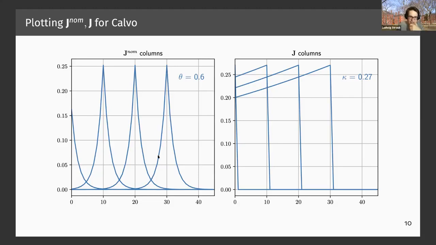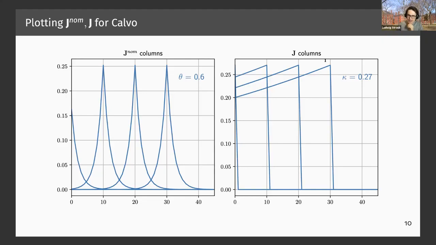But once you get close to the date of the shock, firms are going to take into account that they might not be able to adjust their price before the shock hits. And so you get that the price level increases slowly already in advance of the shock. And then once the shock is over, the price level will remain elevated for some time, as some firms still haven't been able to adjust their price down to the original level. And so that's why you get this sort of tent-shaped response.